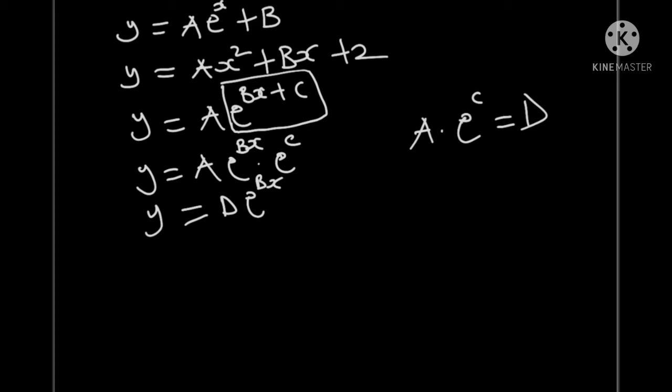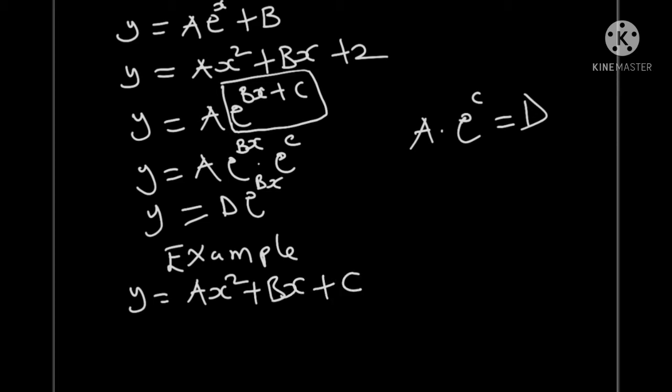Now, having looked at some examples of primitive equations, let's go ahead and form differential equations using these primitive equations. Example 1. Form the ordinary differential equation associated with this primitive equation, y equals ax squared plus bx plus c. As you can see, we have three essential constants.